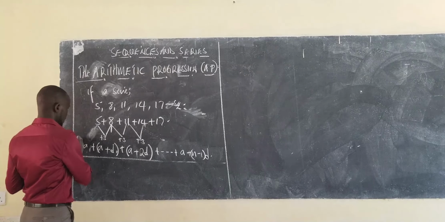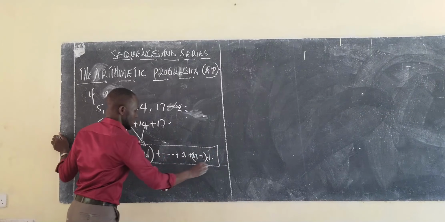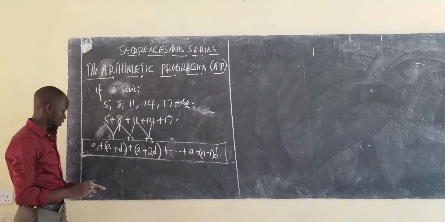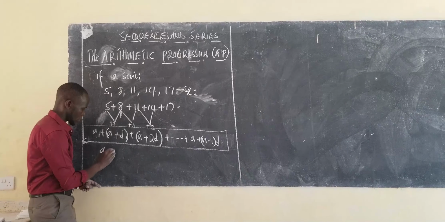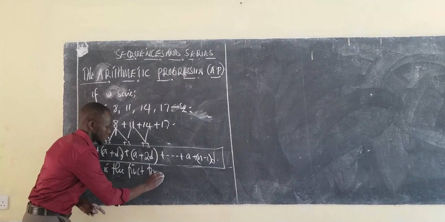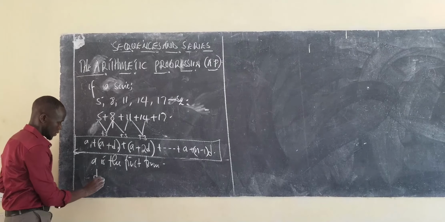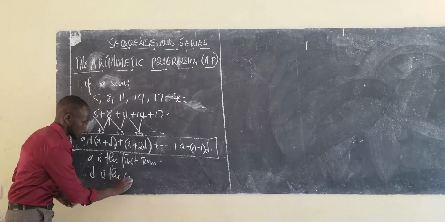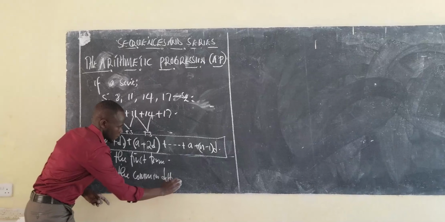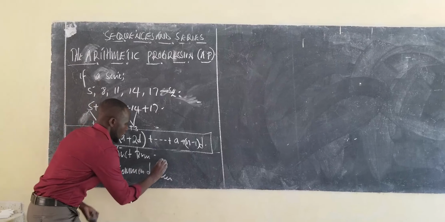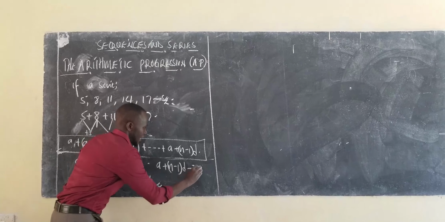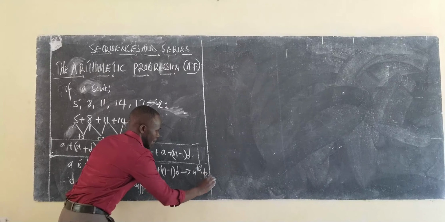And this one is how best you can ever present an arithmetic progression, where A is the first term, D is the common difference, and A plus n minus 1 into D is the nth term.